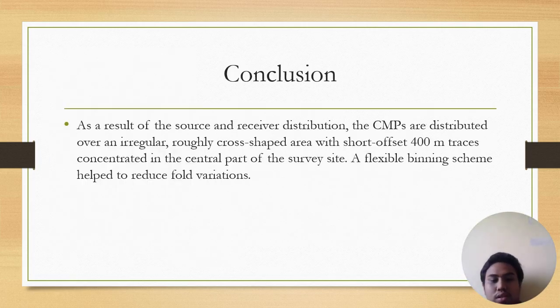As a conclusion, based on the result of the source and receiver differential, the CMPs are distributed irregularly, as you can see for the data on the 3D data acquisition, and it is also a roughly cross-shaped area with short offset traces of 400 meters concentrated in the central part of the survey site, which you can see on the 3D data acquisition.